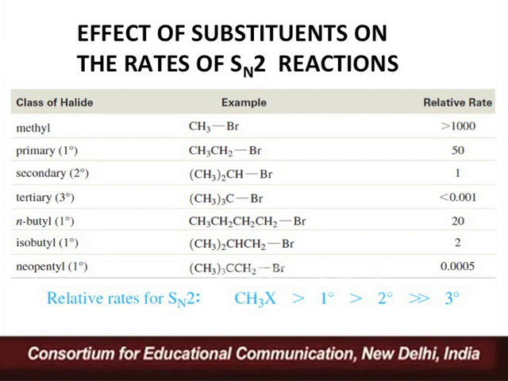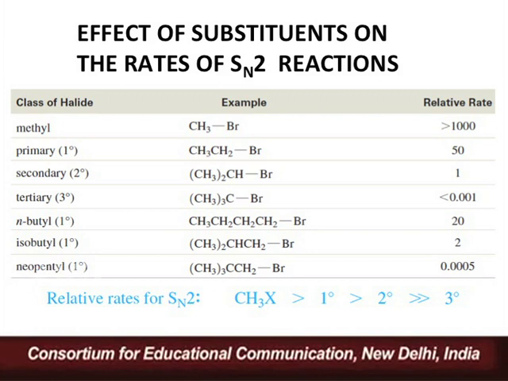In this table, which is coming on your screens now, I have tried to explain the effect of substituents on the rate of SN2 reactions. As you can see, we have taken isopropyl bromide as a standard, given the value 1 for the relative rate, and the rates of the rest of the alkyl halides are represented in relation to isopropyl bromide.